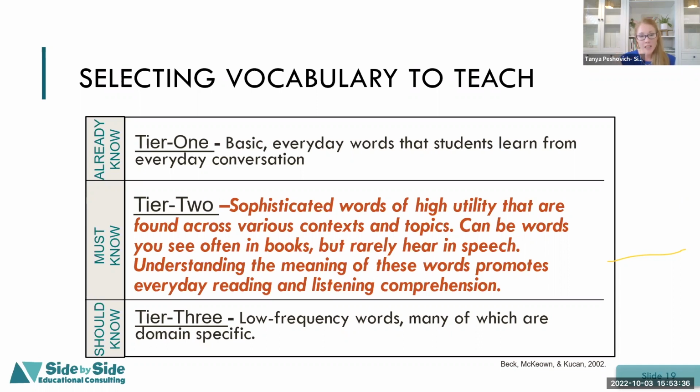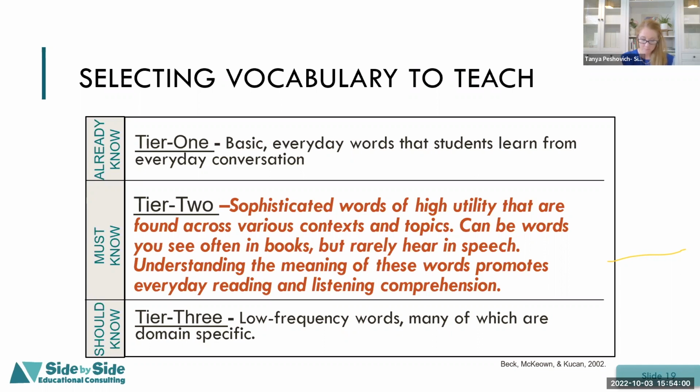But understanding the meaning of these tier 2 words promotes comprehension, both reading and listening. These are often words that contain multiple meanings. They're important for reading comprehension. They can be used across a variety of environments.